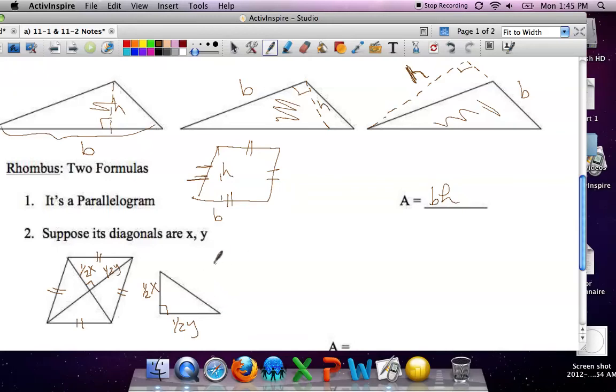If I was to find the area of all 4 triangles, I would have to say, well, there's 4 of them, and I multiply it by the area of one of these triangles. Well, one triangle is 1/2 base times height.